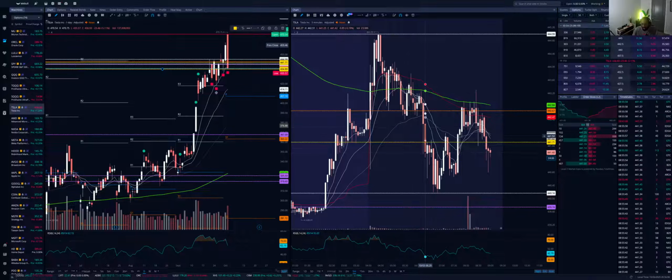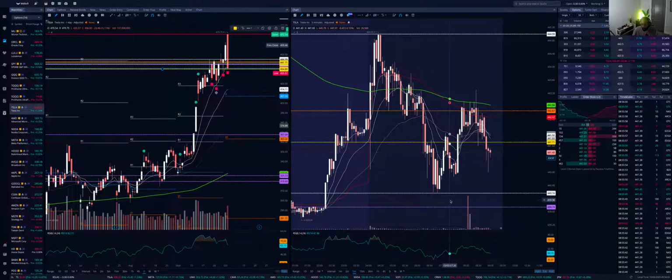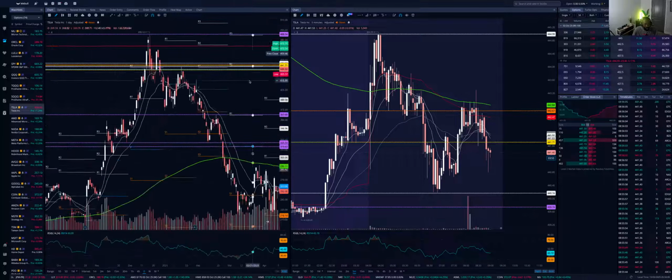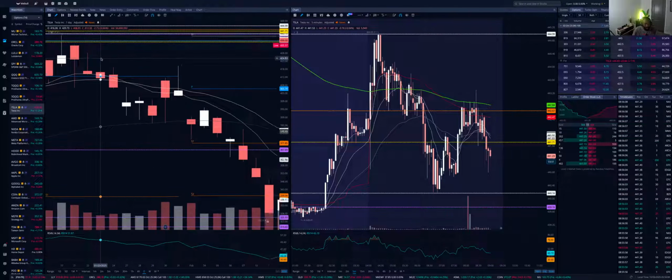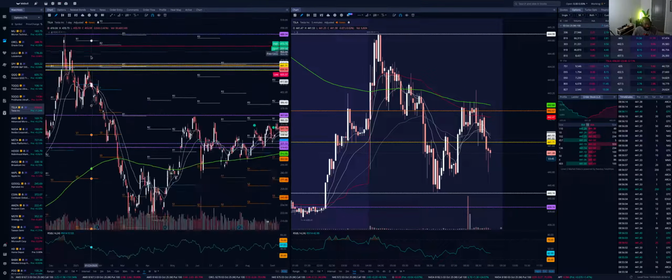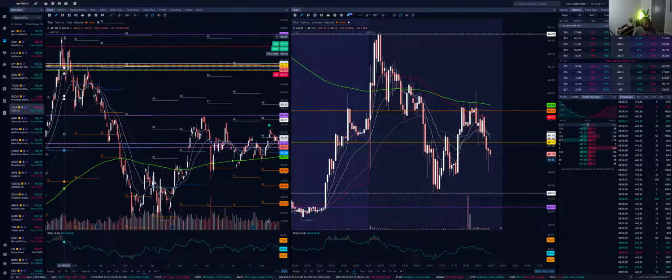It did try to channel around here, but it still broke, but found support because we do have this key level, right? And that key level comes from this prior high. So this purple line that you're seeing right here on the 5-minute is this line right here, which is a key level because this is where Tesla took a major drop. After its all-time highs, it came back, held above the 50.